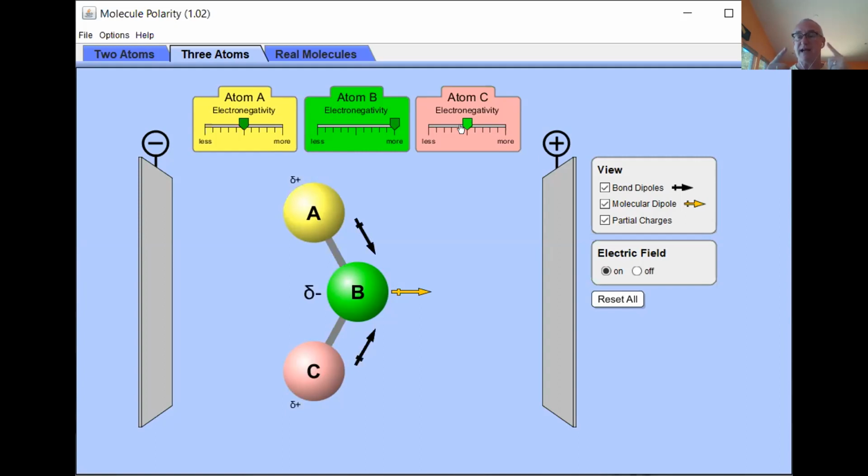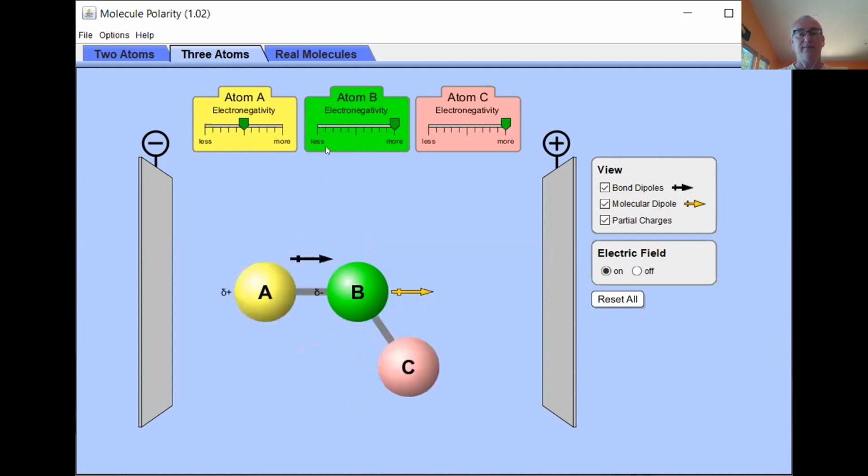And if the absolute size of the bond dipoles goes down, the overall size of the molecular dipole also goes down. It'll keep going down until basically I get rid of the dipoles completely. And now I have three really electronegative atoms, but they're all sharing electrons equally. And my bond dipoles and my molecular dipole disappear.